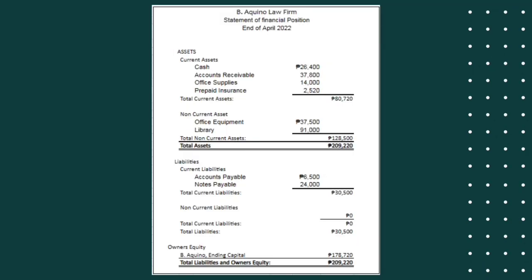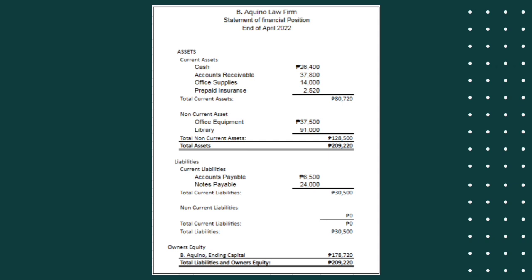At ito na nga ang kabuuan ng Statement of Financial Position ng B. Aquino Law Firm. Makikita natin na ang total assets at ang total liabilities and owner's equity ay parehas na 209,220 pesos.